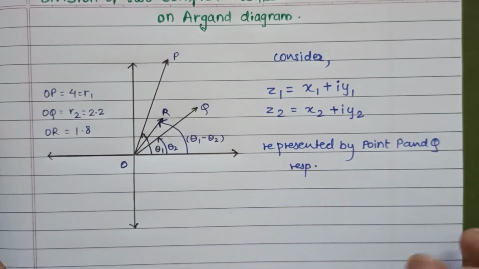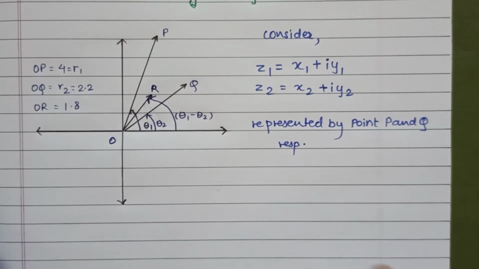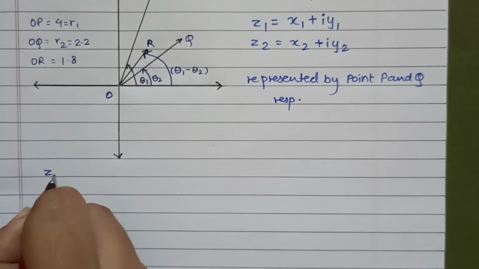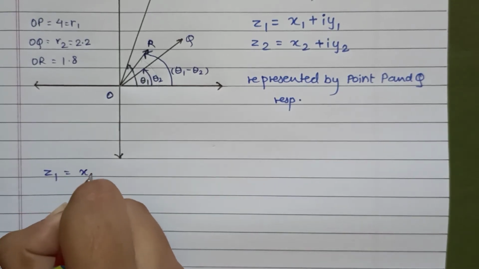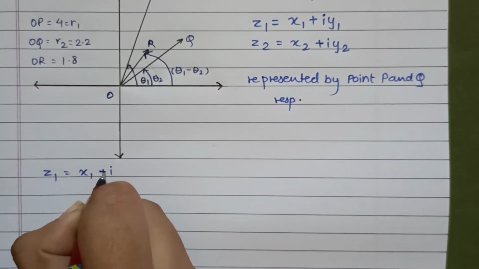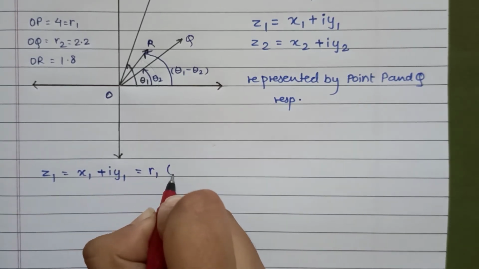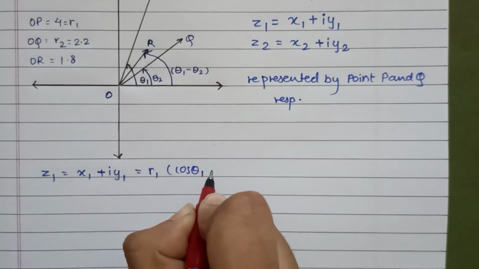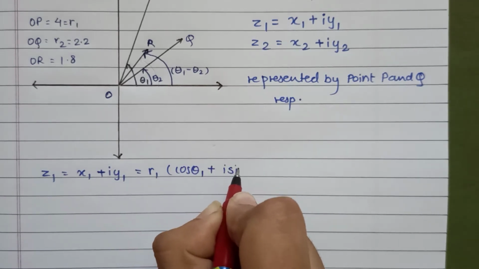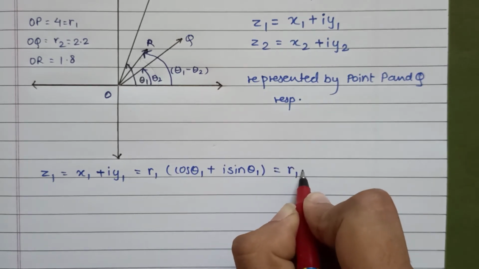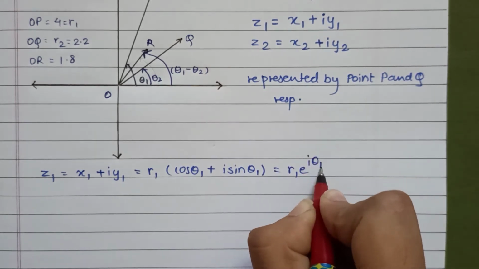Using polar and exponential form of complex number, Z1 is equal to x1 plus iy1, is equal to r1 cos theta 1 plus i sin theta 1, that is equal to r1 e raised to i theta 1.